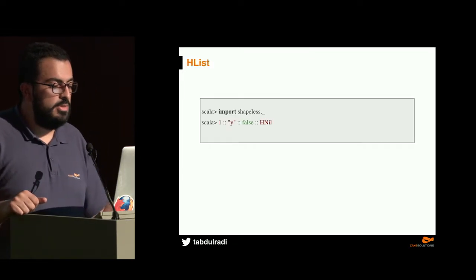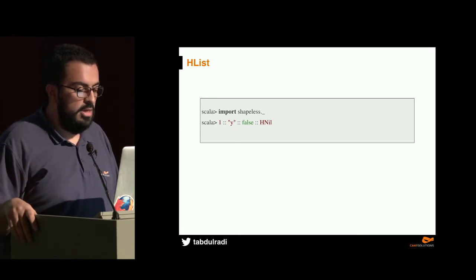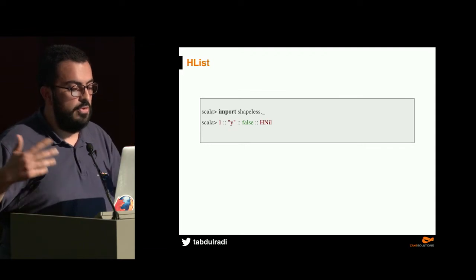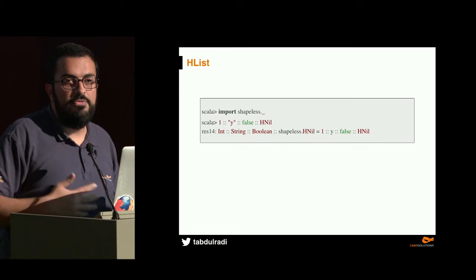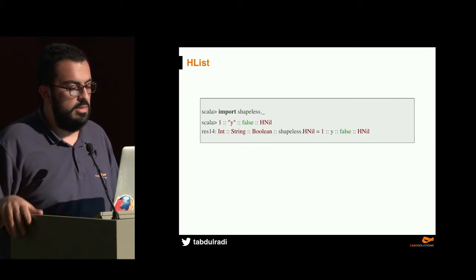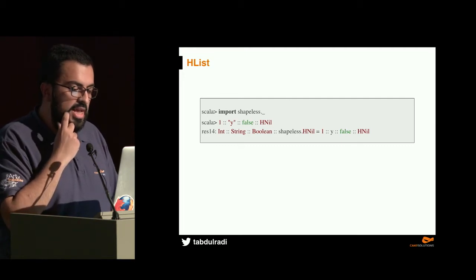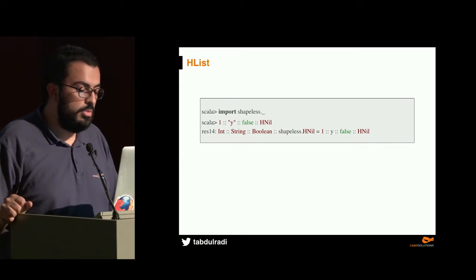So from Shapeless, we have something called HList. Basically, if you compose an HList with a couple of values that have different types, it retains the type of every member in this list. So we know here that the first element is int, the second is string, and the third is boolean. Nice.